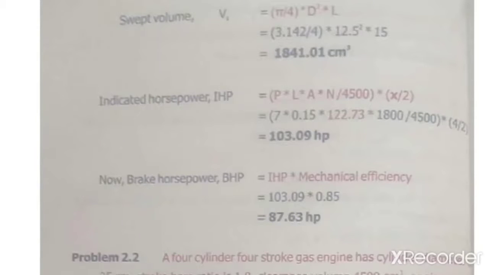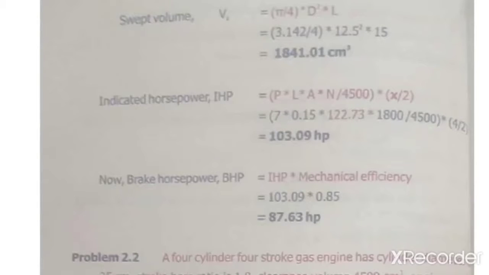Okay, now the BHP is equal to IHP into mechanical efficiency. So after putting both values for IHP and mechanical efficiency, we get this value, that is 87.63 HP. Here the value for mechanical efficiency is taken as 0.85. Why?